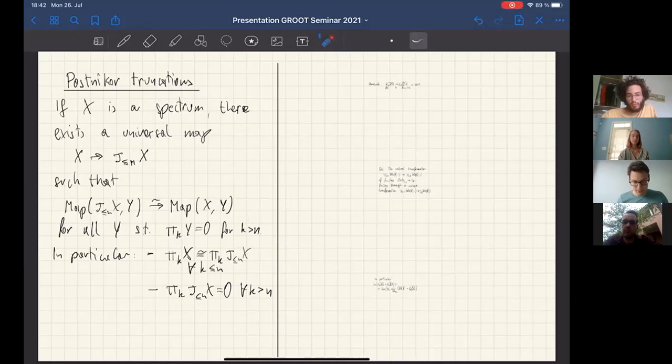You can do this formally by saying that the mapping spaces, not the entire mapping spectrum, have to be an equivalence for any y that has exactly this property, that homotopy groups vanish in degree n+1 and so on. And so this is a nice spectrum that has the property that in lower degrees the homotopy groups agree, and in higher degrees they vanish. On the infinity category level, this is a nice functor.